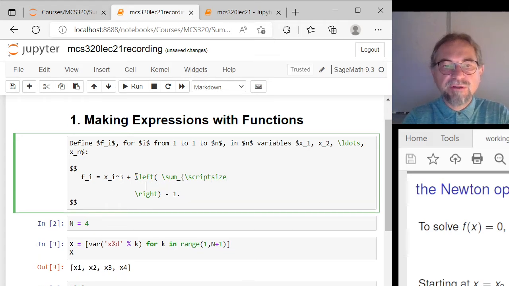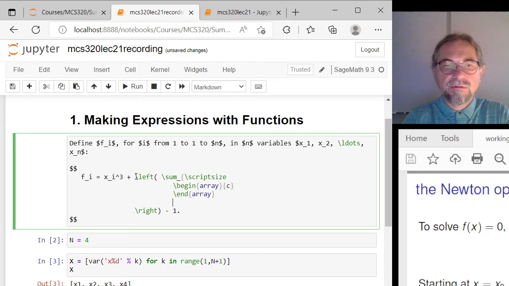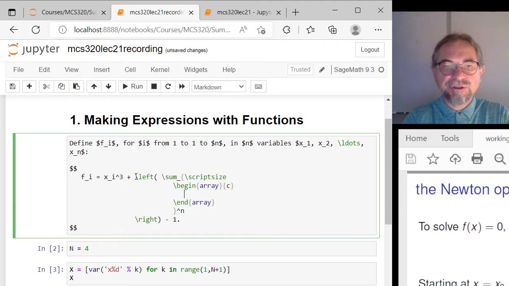So I have the J that runs, so I have my subscript, which is this array, and then I have the superscript, which is the dimension.